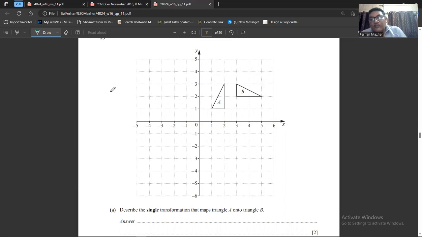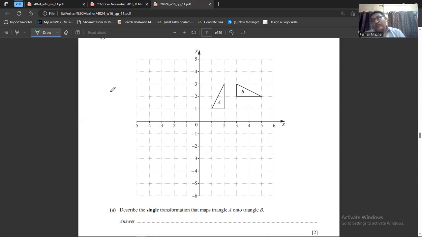And how much has it rotated? It was like this. Now it's like this. It's a 90-degree clockwise rotation. But if you have to describe this transformation, you have to tell what is the center of the rotation, how much is the angle of rotation, and whether it's clockwise or anti-clockwise. By just looking at the diagram, I can tell you that this rotation is 90-degree clockwise.